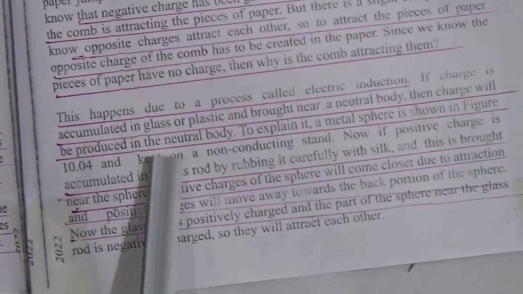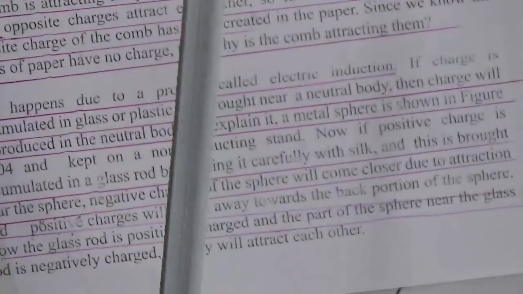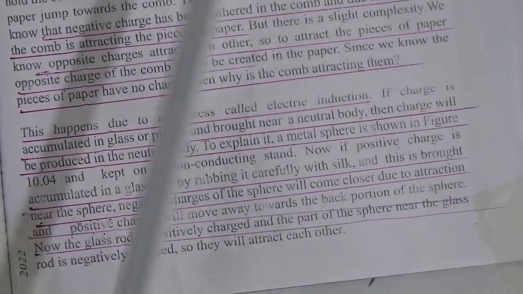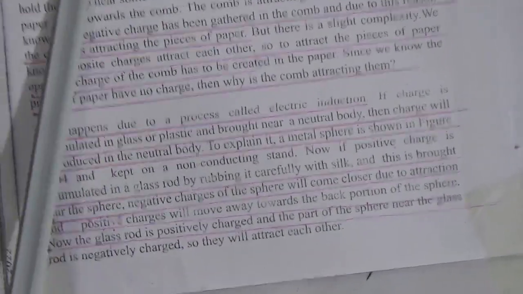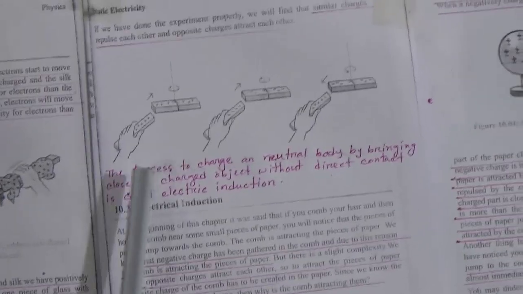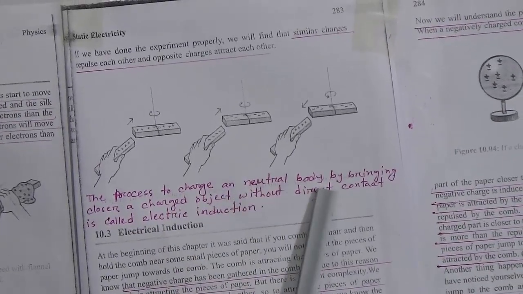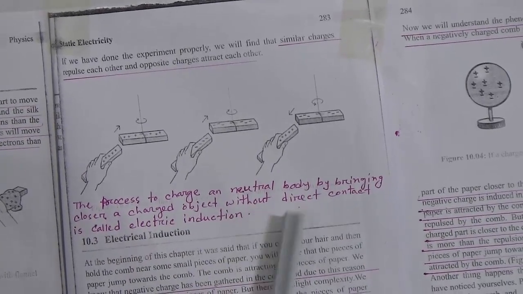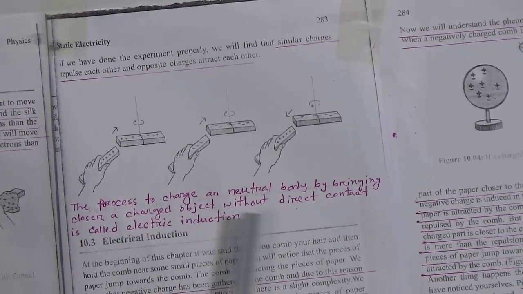My dear students, if a charge is accumulated on a glass or plastic rod and brought near a neutral body, then charge will be produced in the neutral body, and this is called electrical induction. So the definition of electrical induction will be: the process to charge a neutral body by bringing a charged body or object closer without direct contact is called electrical induction.